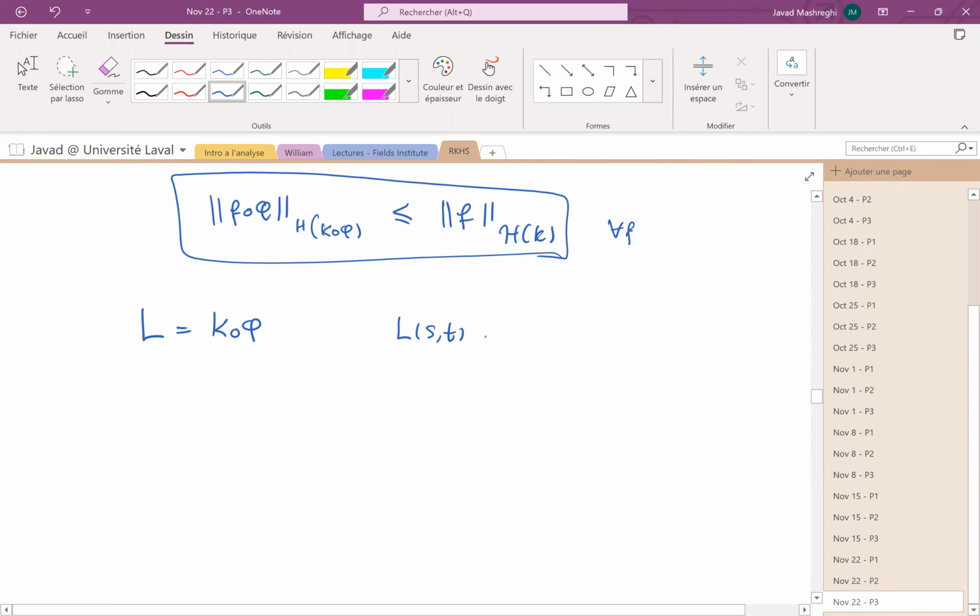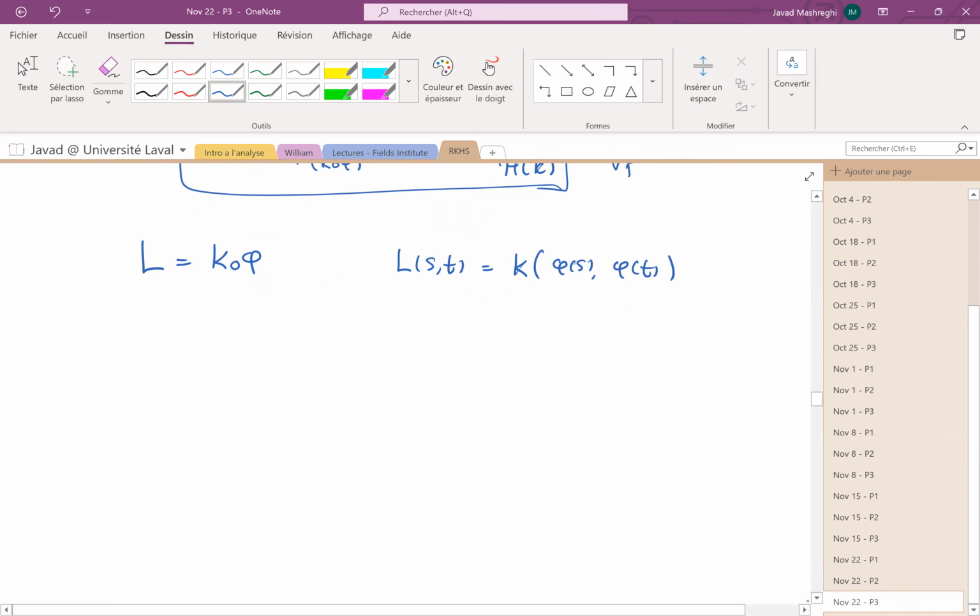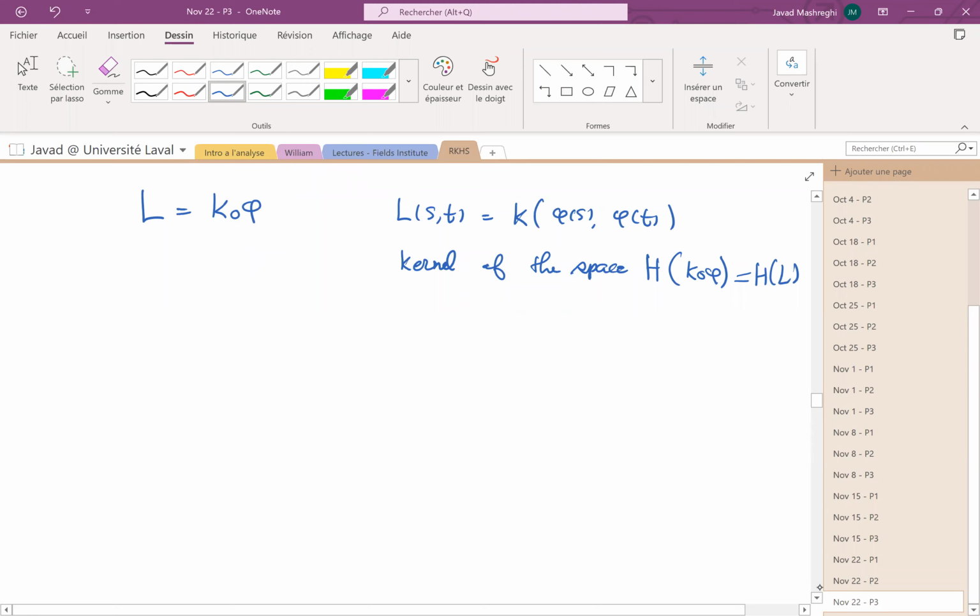So L of S and T is K of phi S, phi T. And so L is the kernel for the space H of K composed with phi, or H of L. And now, if you consider U to be a finite sum, alpha I, little l at point, say, Ti.